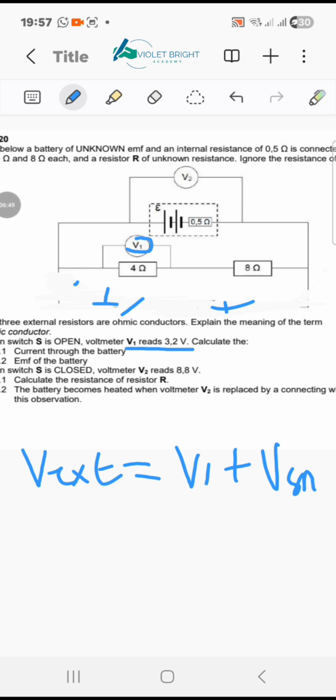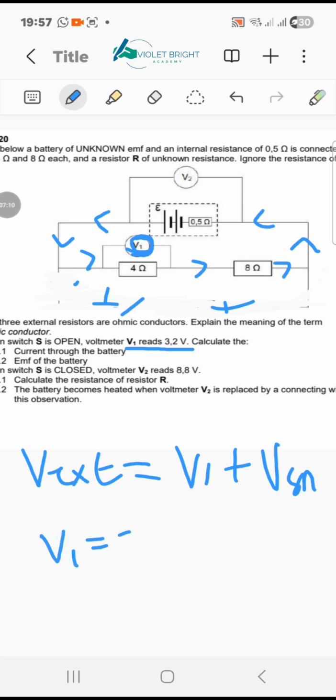The same current that goes out of the battery is the same current that passes through here. It's also the same current that passes through the 8 ohm and the 4 ohm resistor. So it's easy to find the current if we know the voltage here.